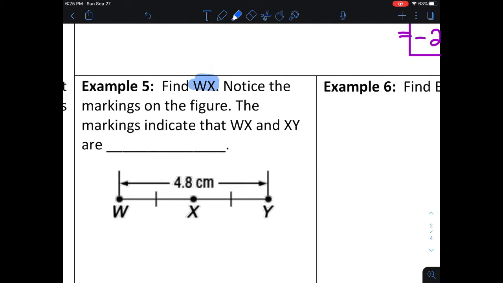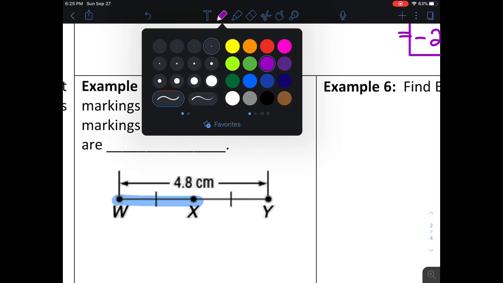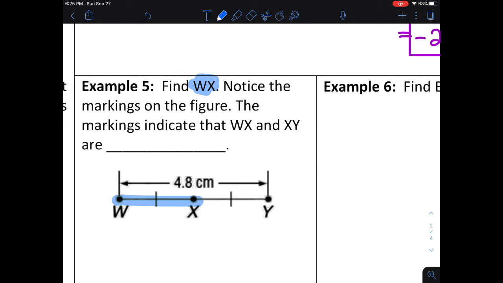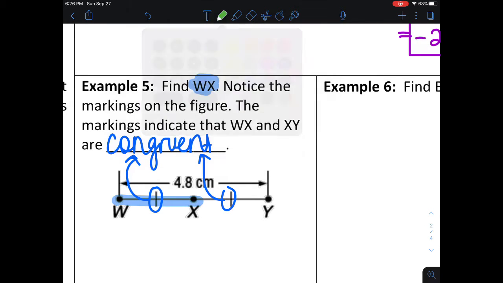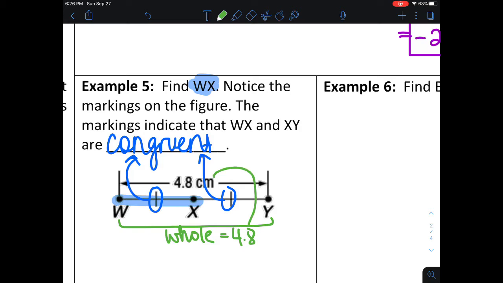All right, example, find WX. So WX, this is WX right here. Okay, so let's see. The markings indicate that WX and XY are congruent. I just told you, these little lines right here mean congruent. You have to remember that. Now it tells us that WY, which is the whole thing, equals 4.8. It says it right there.